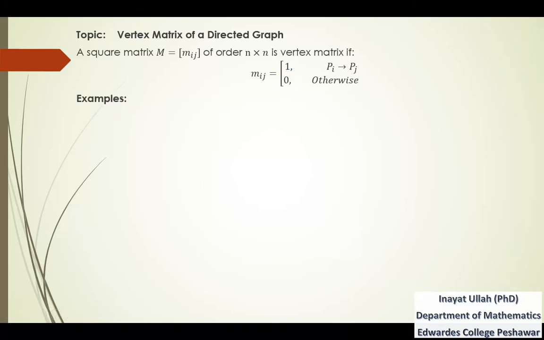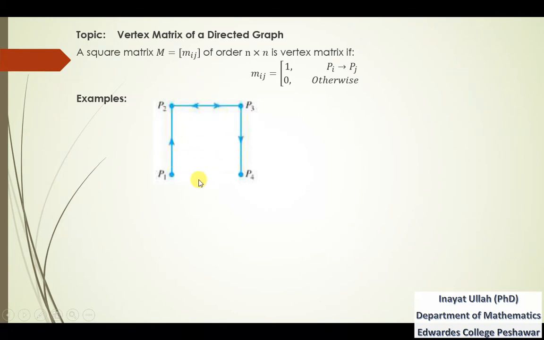For example, that is a directed graph, because directions, arrows, are given to us, and there are 4 vertices, P1, P2, P3 and P4, and we want to make a vertex matrix for this directed graph.